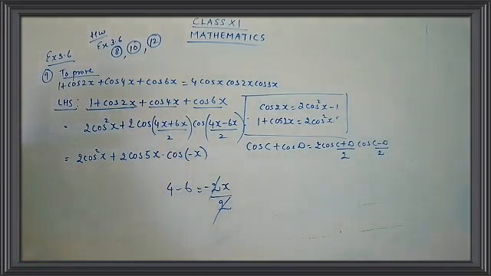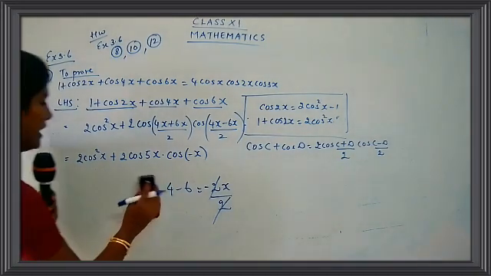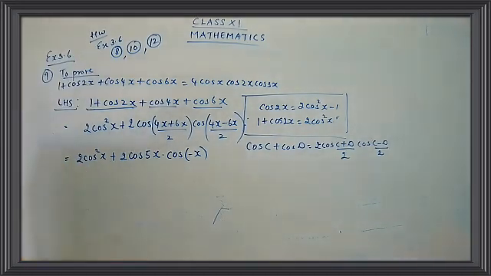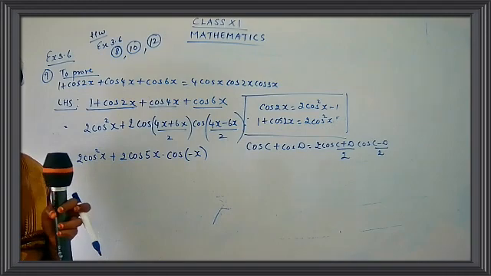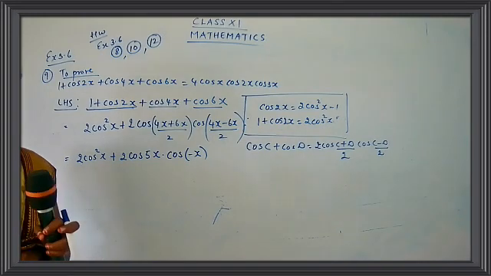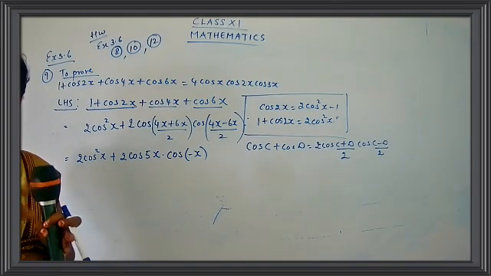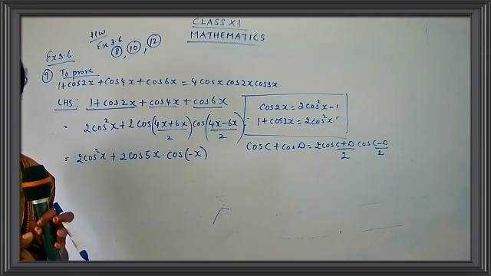So now what is the step we have arrived at? We have got 2 cos square x plus 2 cos 5x into cos of minus x. And children, we have already written down a point when we started with our unit 3. We have already written the angles minus theta in terms of theta. Do you remember that?